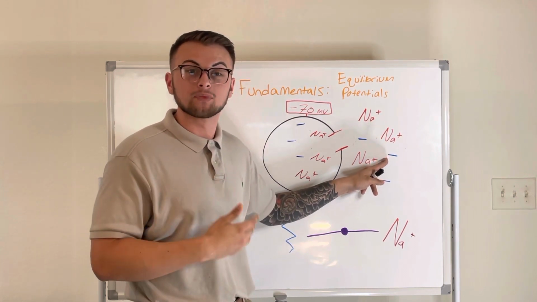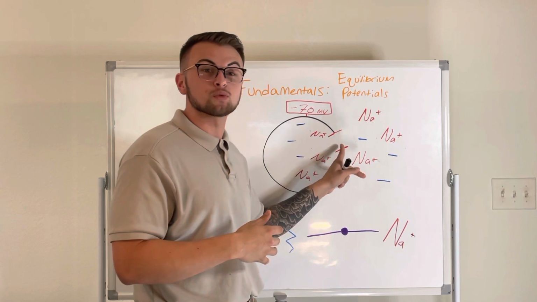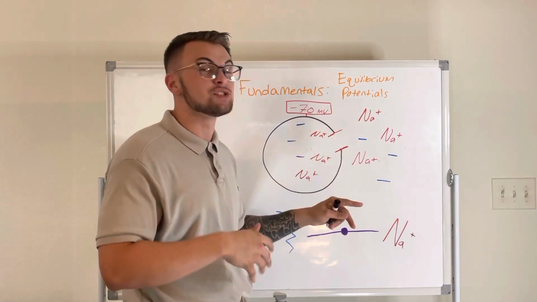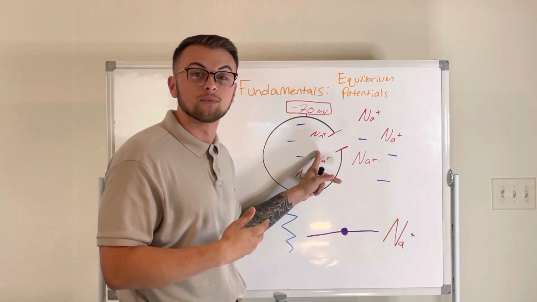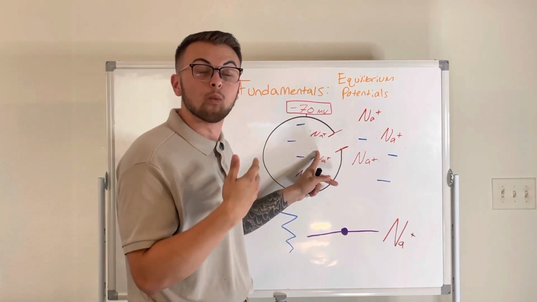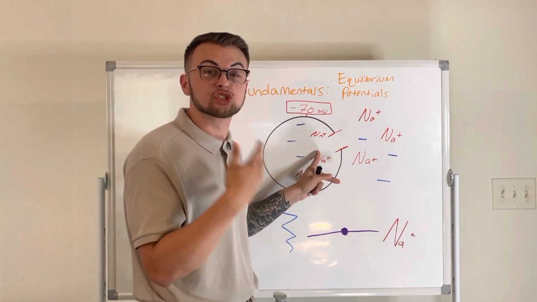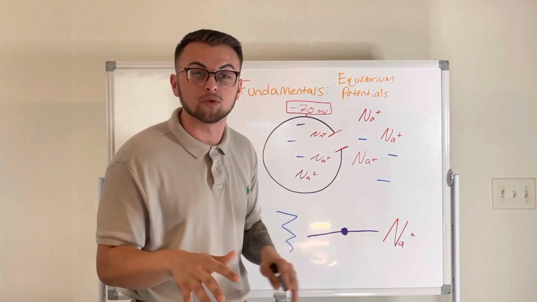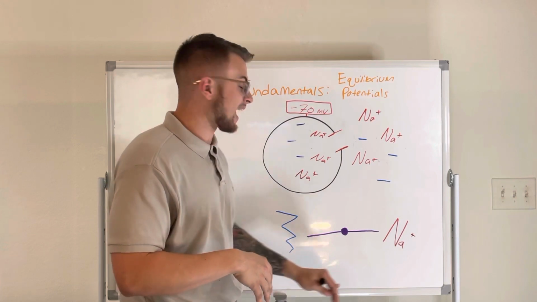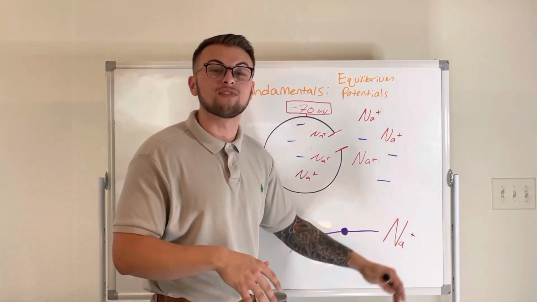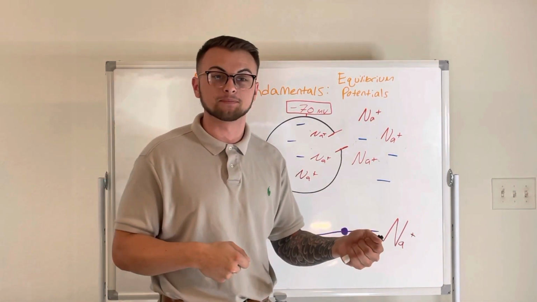the cell. Now, as soon as we open up a path, a sodium channel to the inside of our cell, sodium would enter one at a time until our sodium had no motivation to move. This happens when our electrical pull and chemical pull are finally equal and opposite.